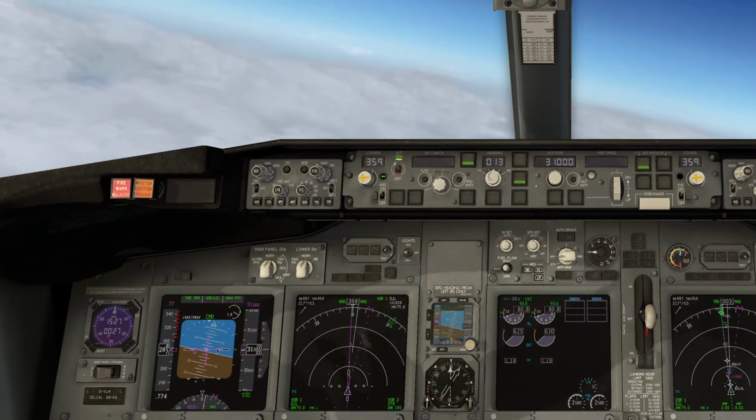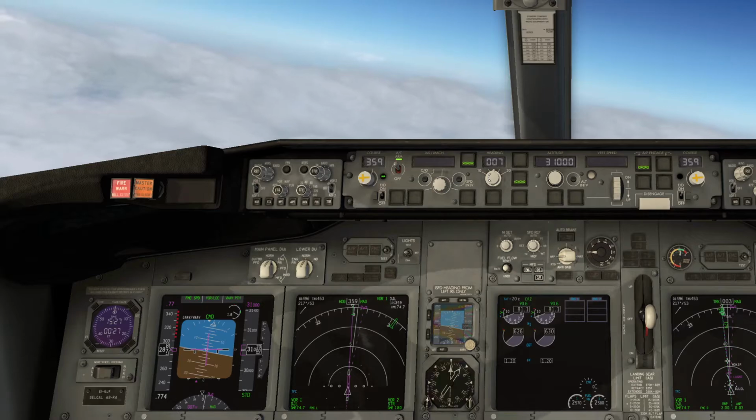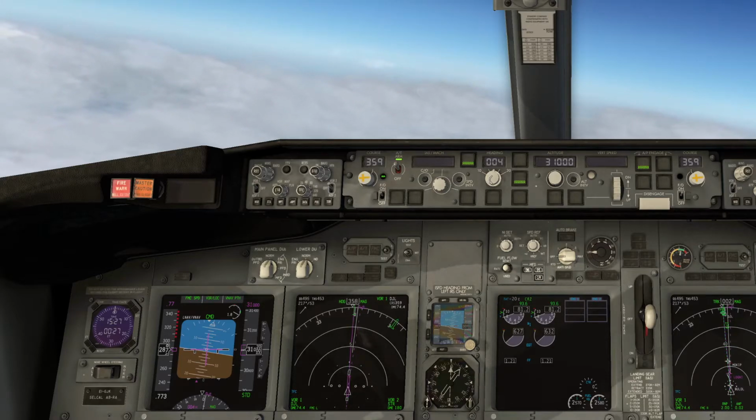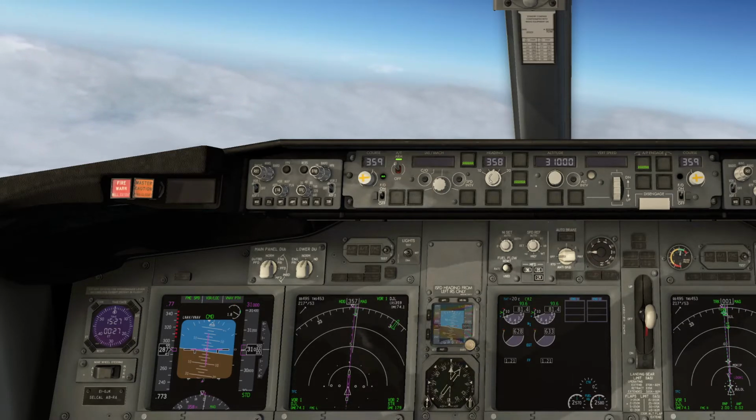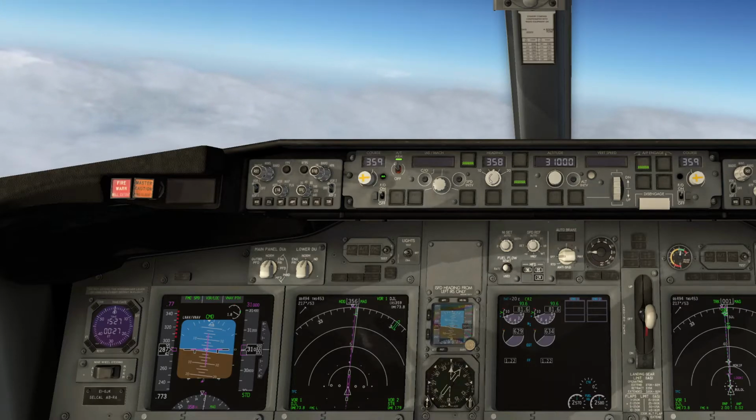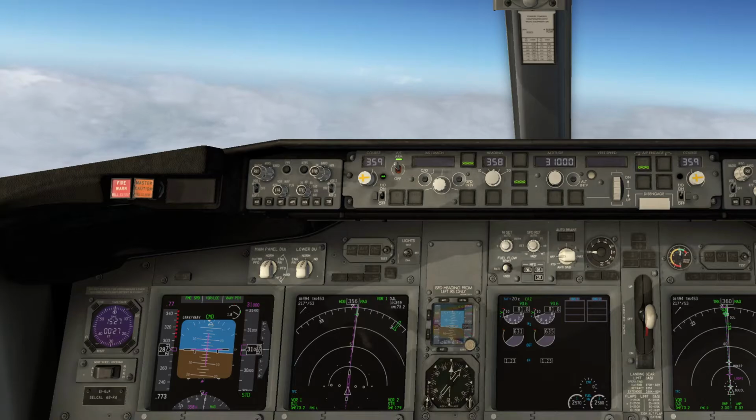And indeed, Strasbourg is already tuned at 180 miles. So we will stop the stream now and resume it when we will be a little bit closer, ready for the arrival.